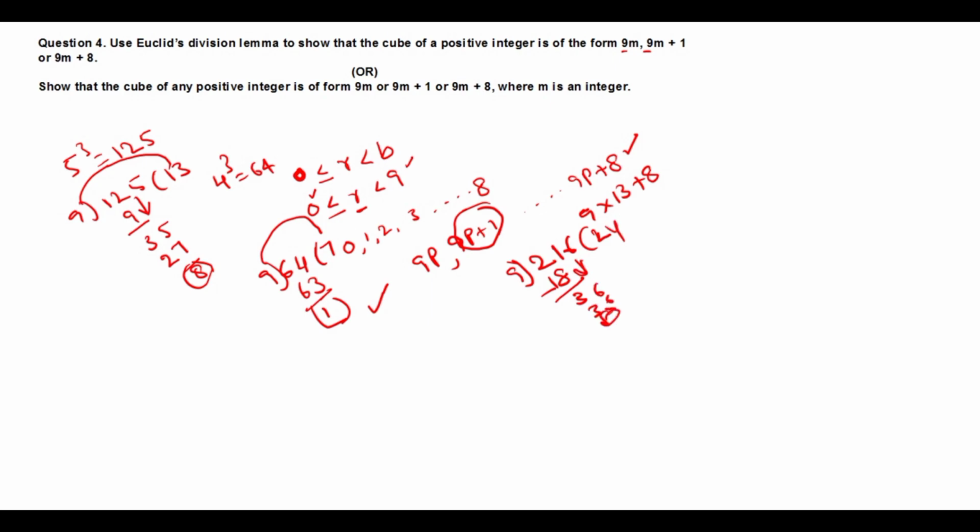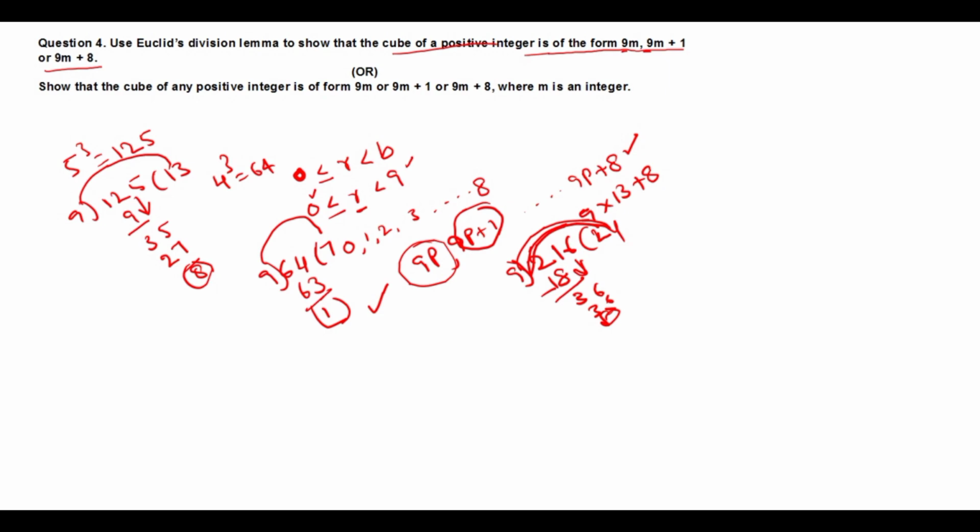This is of the form 9m. So I have taken three consecutive numbers, 4 cubed, 5 cubed and 6 cubed, and got three different cases: 9m plus 8, 9m plus 1 and 9m. Finally, we need to show that when you take the cube of a positive integer and divide by 9, you get 9m, 9m plus 1 or 9m plus 8.